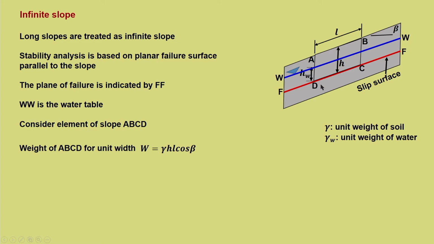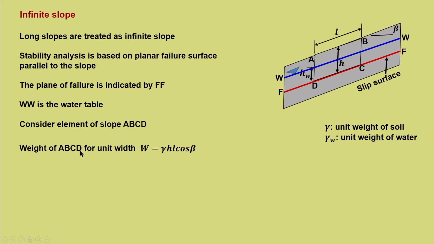Now, if you want to find the weight of this particular element ABCD, ABCD is nothing but a parallelogram, and hence the ABCD area multiplied by 1, that is, perpendicular to this particular plane, will give you the volume. So, this is the weight of ABCD for unit width, in the direction perpendicular to this plane.